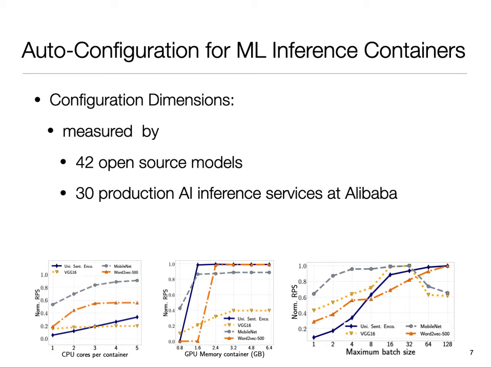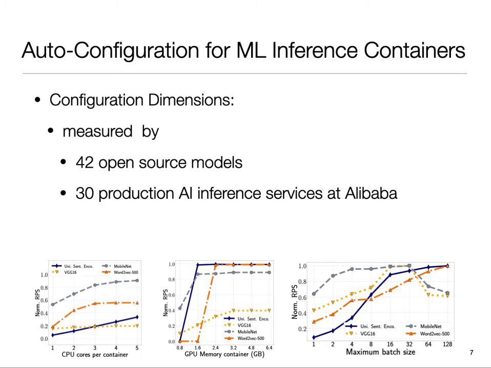Given a model serving container, cloud operators need to specify its resource and runtime configurations, so we want to quantify how each configuration may affect the serving ability and the deployment cost. We have profiled 42 open source machine learning models in the Amazon EC2 cluster and 30 production inference services in our Alibaba cluster.